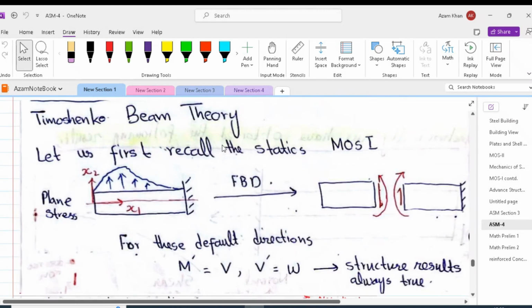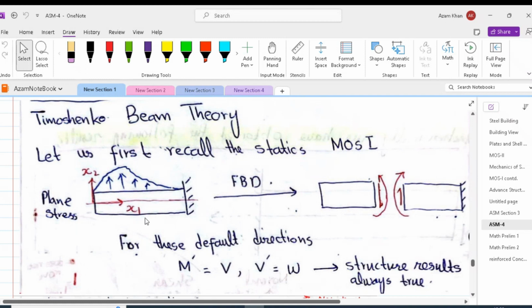Now we'll come back to our Timoshenko beam theory. We will assume a cantilever beam subjected to some loading, having coordinate axes at the free end of the cantilever, x1 being horizontal and x2 vertical.